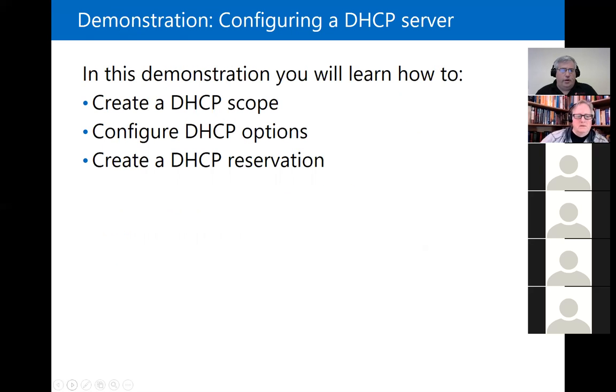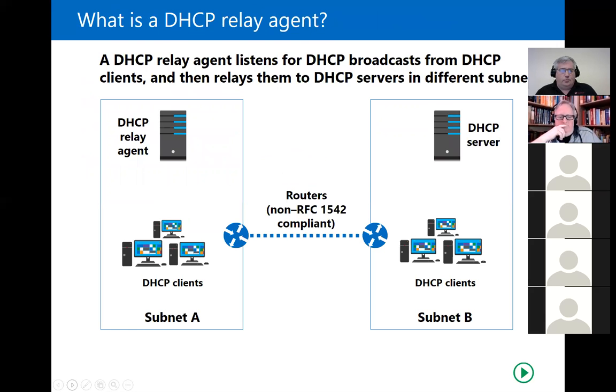All right, so let's create a DHCP scope. In this case, we've got 2 routers, 2 sets of DHCP clients, and 2 DHCP servers. And as you can see, they've configured it with a DHCP relay agent server.